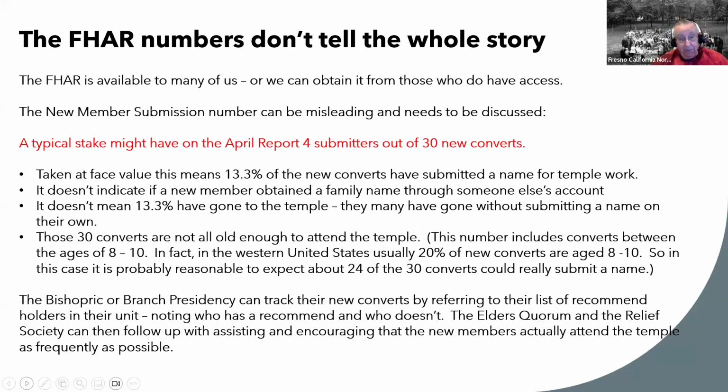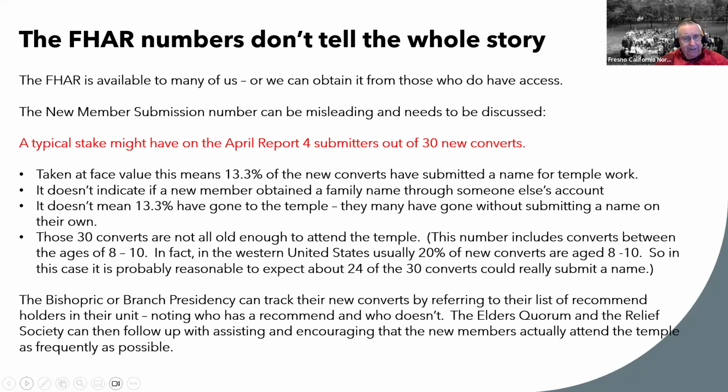And the bishop or branch presidency can track these new converts a lot better if we start working with them, because they can look in the recommend records and see if they have a recommend. They'll know. And then you can extend this to maybe the Elders Quorum president and the Relief Society president to help follow up with these new members and make sure that they get to the temple and that they do in fact take names for their own family if they can, and actually form a program.